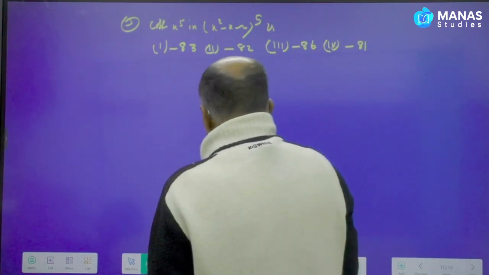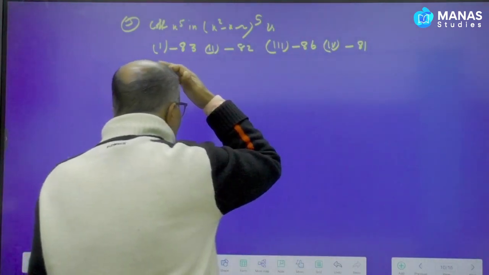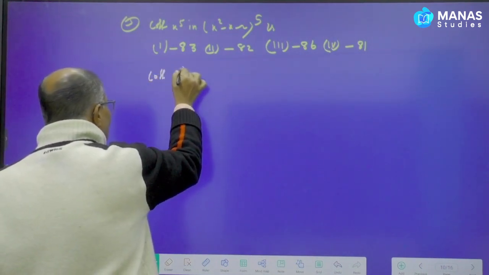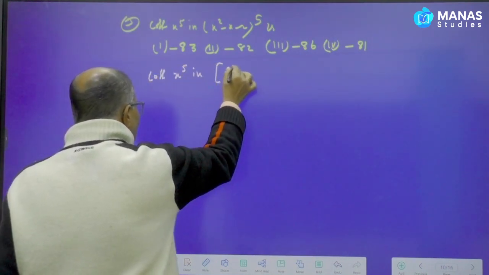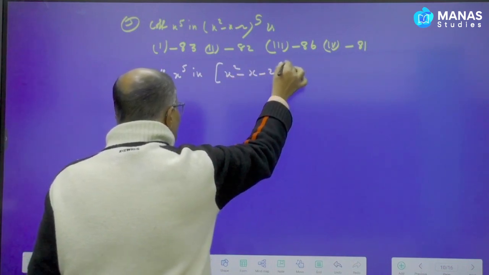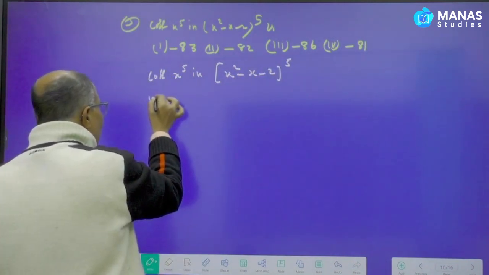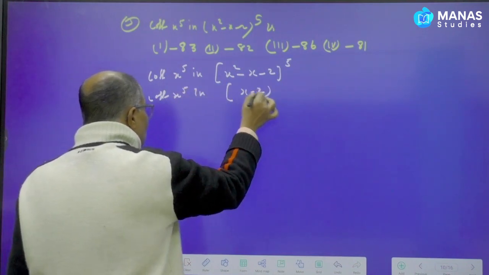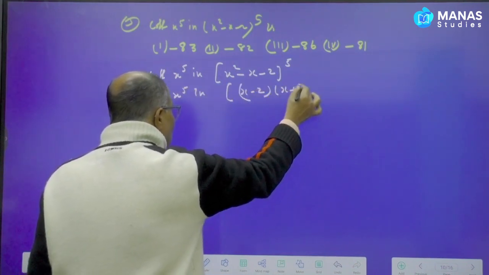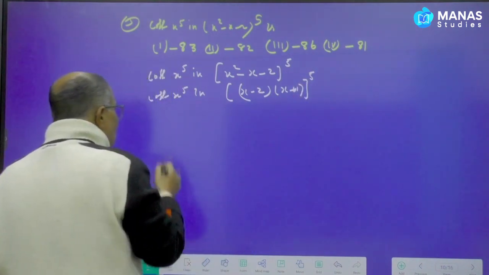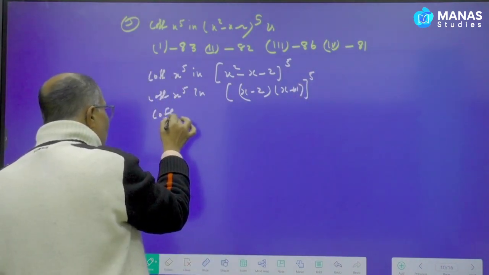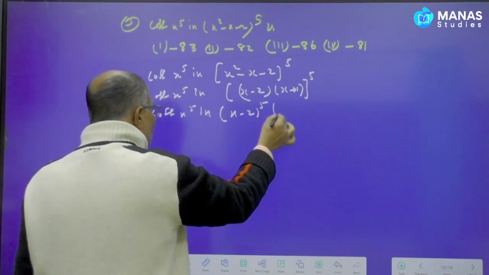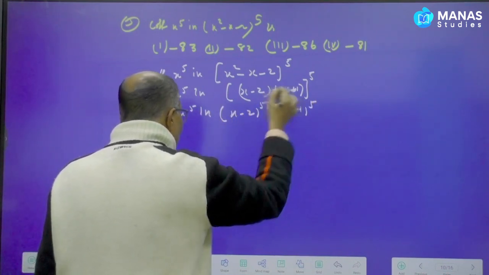Question number 3. Coefficient of x^5 in the expansion of (x² − x − 2)^5. Coefficient of x^5 in ((x − 2)(x + 1))^5. That is the coefficient of x^5 in (x − 2)^5 multiplied by (x + 1)^5.